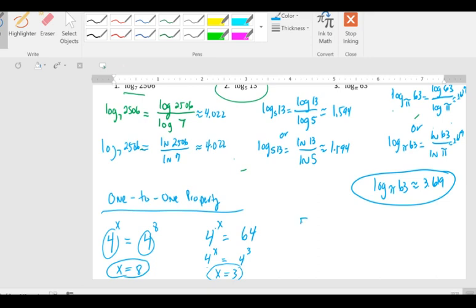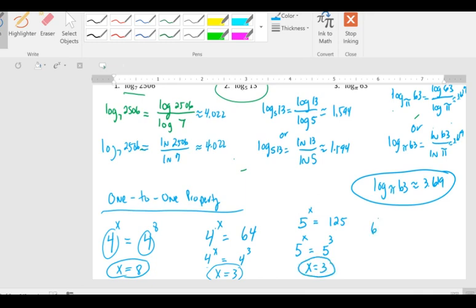Okay, so if I had 5 to the x is equal to 125, then we can have 5 to the x. 125 is the same as 5 cubed, so x would be equal to 3.